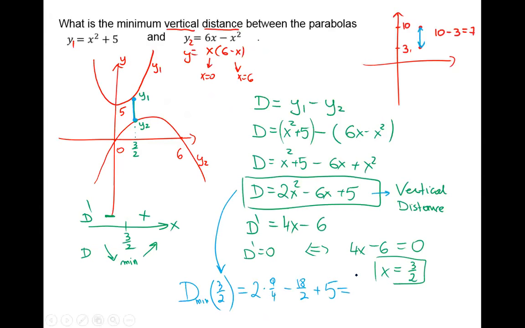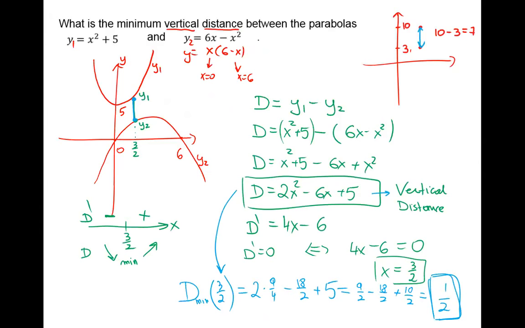Oh, who can do the arithmetic for us? This is 9/2 minus 18/2 plus 10/2, which is negative 9 plus 10, 1, so 1/2. Actually, not a bad number. 1/2 is the minimum vertical distance.